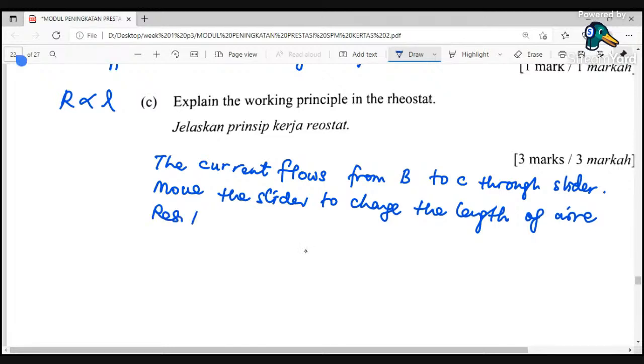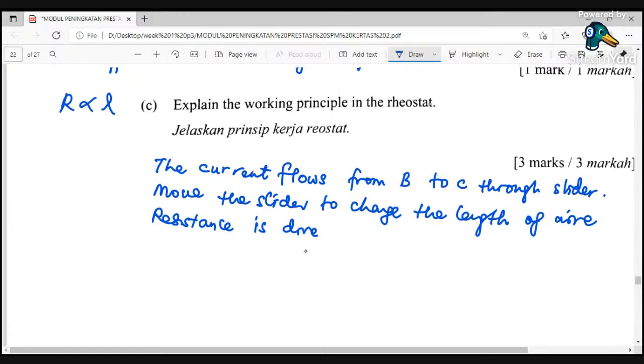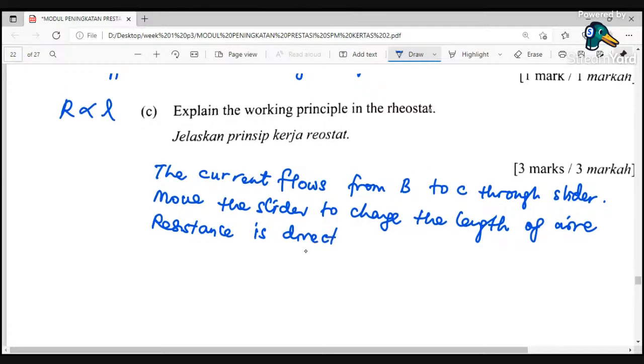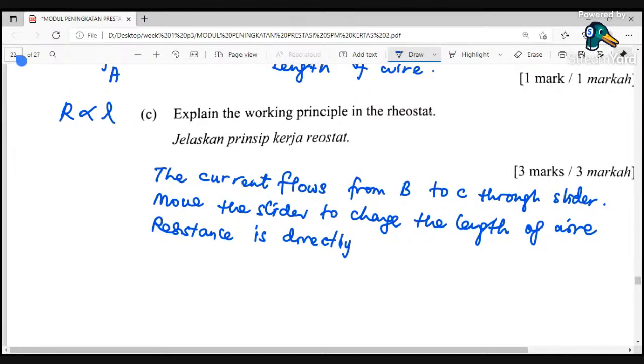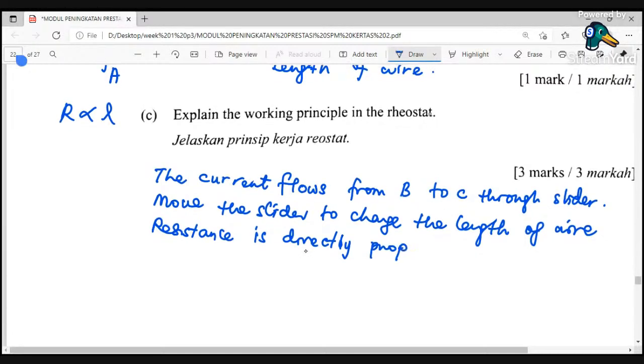Resistance is directly proportional to the length of wire.